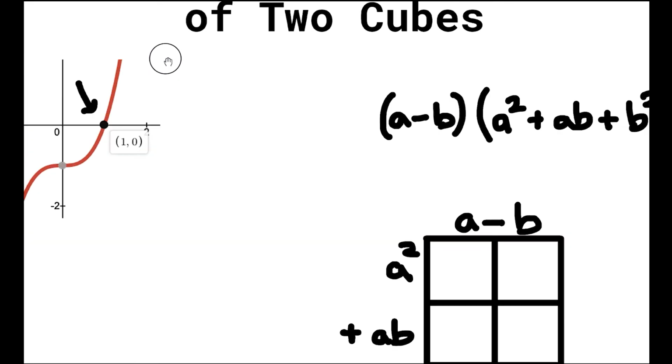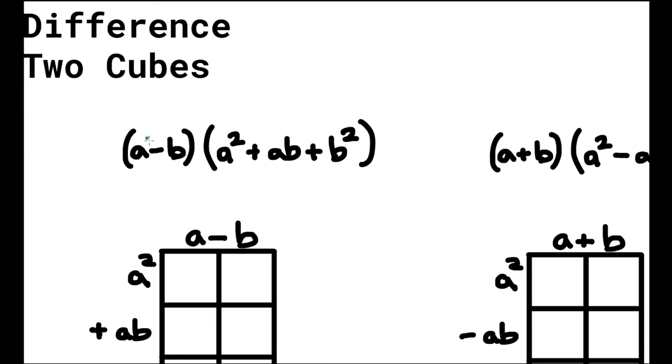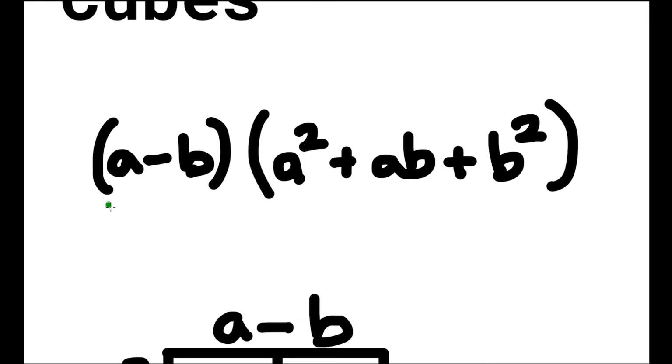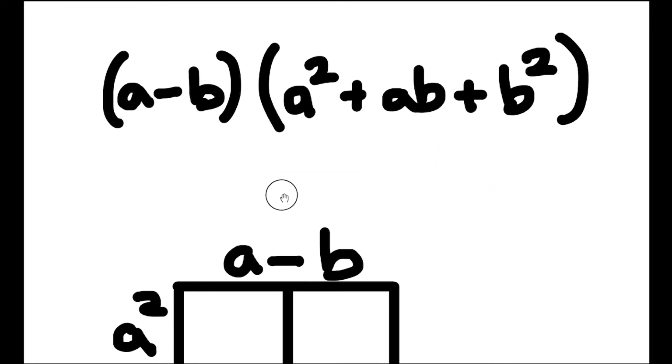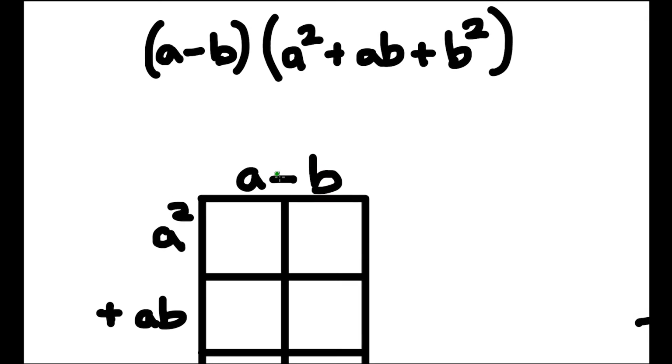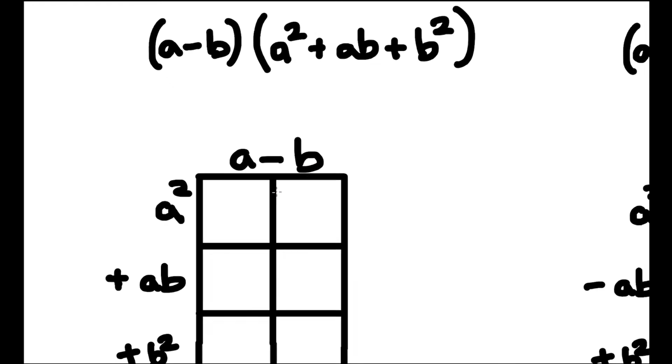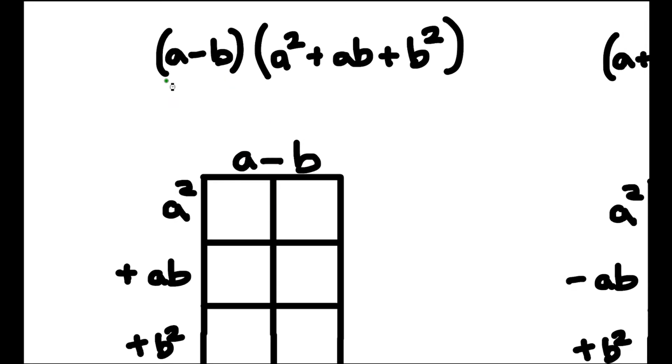Okay, so we have this expression right here, this a minus b times this a squared plus ab plus b squared. Now I'm going to solve this out using the area model, which I have pre-written right here, just to show you a very interesting thing that happens when I multiply this a minus b and this a squared plus ab plus b squared.